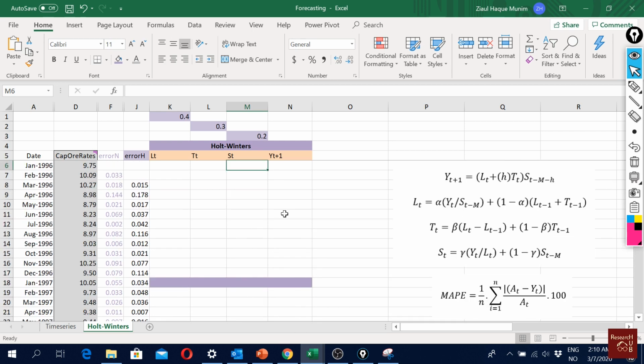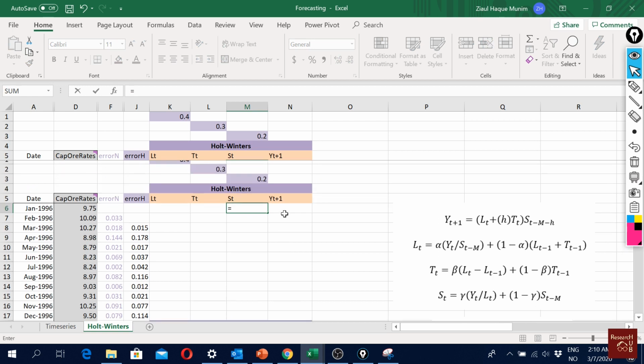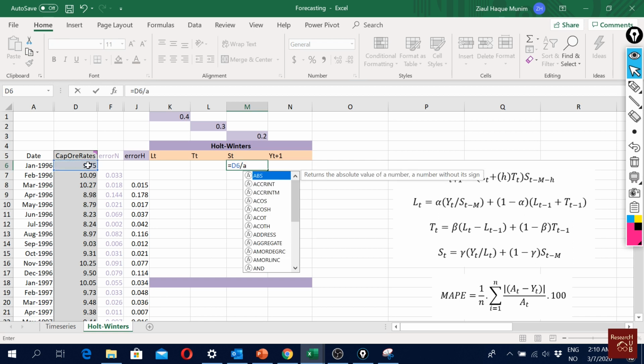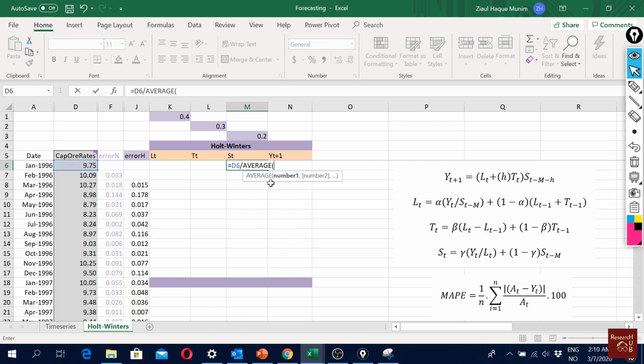So first, to start off, we will calculate a seasonal index or seasonal values for the first season. To do that, we will start with equal to, we will start with the function, and the way we'll be doing it is that we divide our original value of the same level by the average of the whole season.